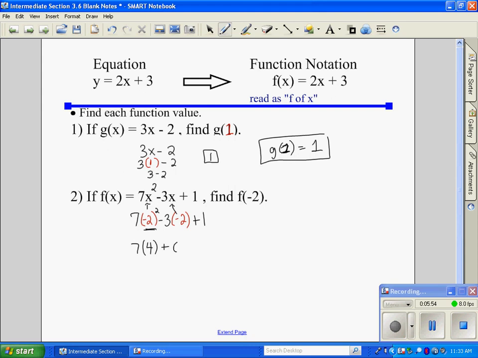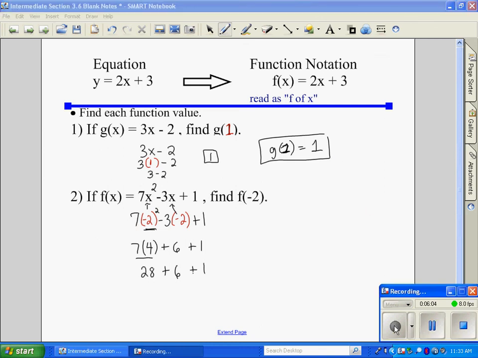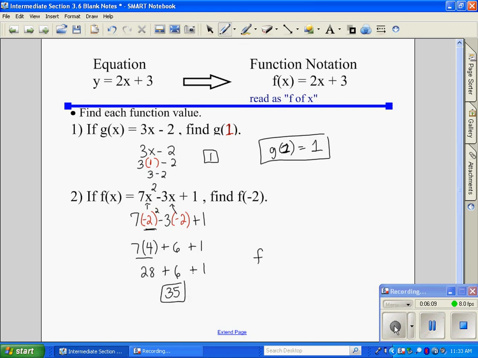Negative times a negative is a positive 6. 4 times 7 is 28. Plus 6 plus 1 is 35. So I can say the f of negative 2 equals 35. That's basically saying f of x equals y. When I plug negative 2 in for x, my y came out to be 35. So that's another way to look at function notation. This is our answer to problem number 2.